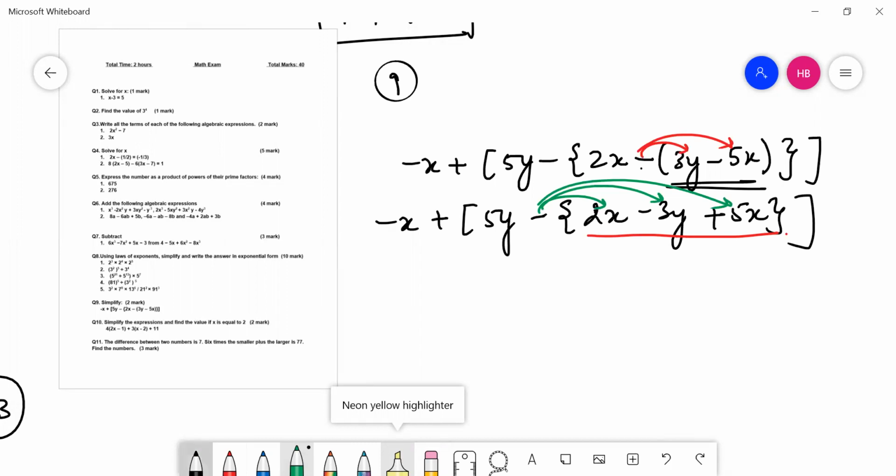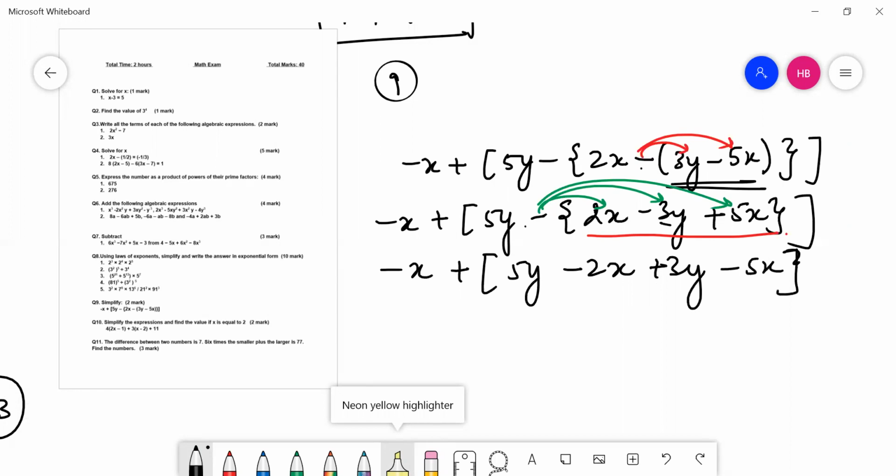So my final expression will be minus x plus 5y minus 2x minus into minus plus 3y, minus into plus minus 5x. Now, since there's only a plus sign outside, I can open this bracket directly. It would be 5y minus 2x plus 3y minus 5x.